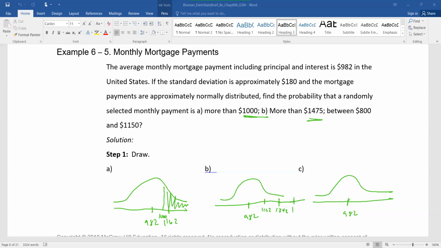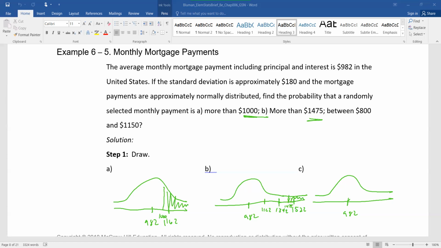Perfect. All right. So then I can see 1475 is going to fall somewhere in between here. So I'm going to put a mark. It doesn't have to be completely accurate, but my 1475 should be between 2 and 3 standard deviations. And if I'm looking for more than that, I'm going to shade what direction? To the right. So there you go.